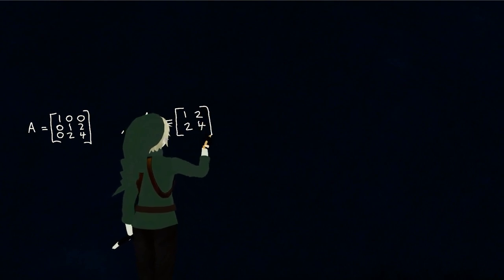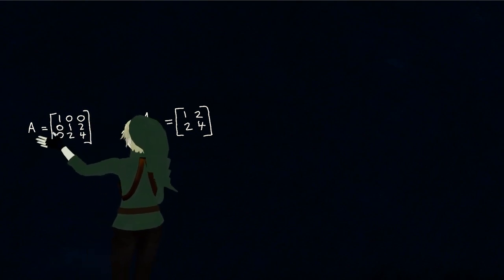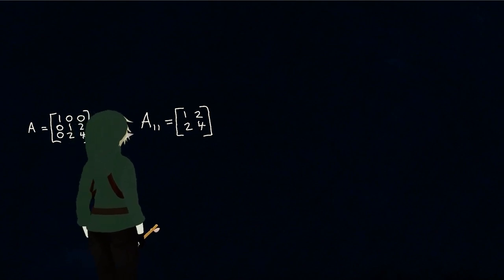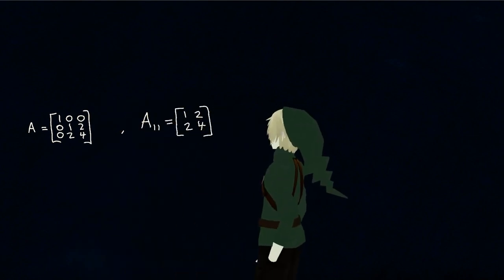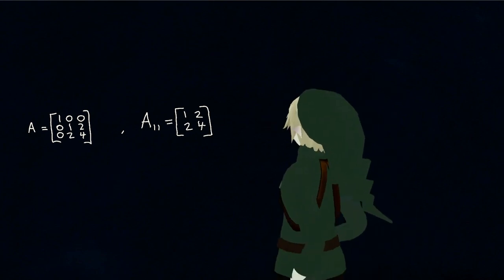If you have a very big matrix and there's only an area that you want to focus on, then you can create a submatrix. If you're given a very nasty big matrix, you could just focus on one area, create a submatrix instead, and then do whatever you want with it.